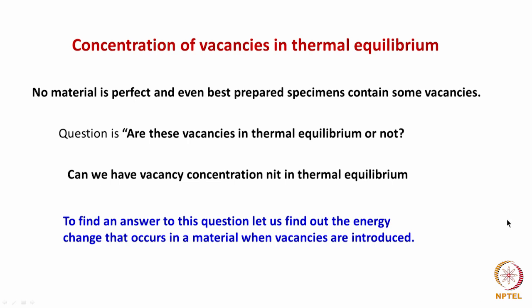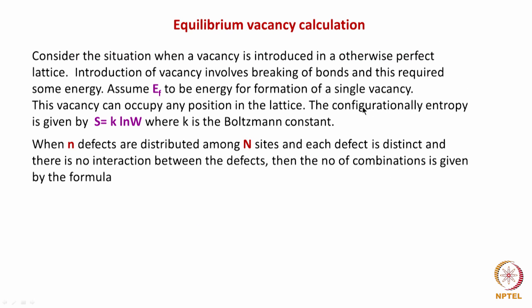So to find an answer to what is going to be the defect concentration, how much we can have, what we are trying to find out is the free energy change when we introduce defects in the lattice. How do we find out the configurational entropy?